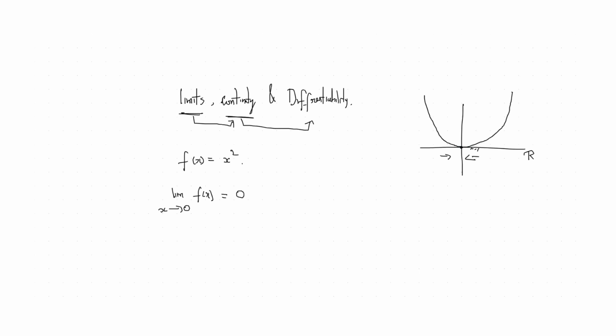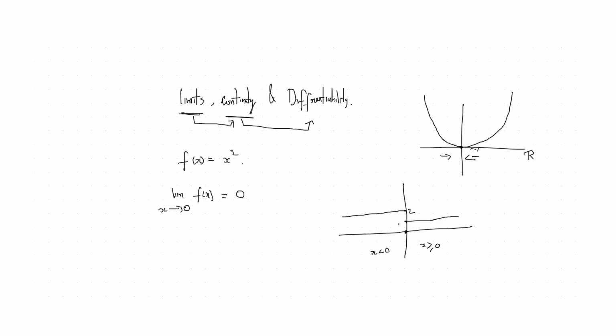Let's do another example. Consider a function. Whenever x is less than 0, the function value is 2. Whenever x is greater than or equal to 0, the function value will be 1.